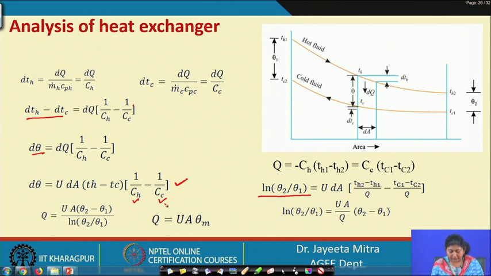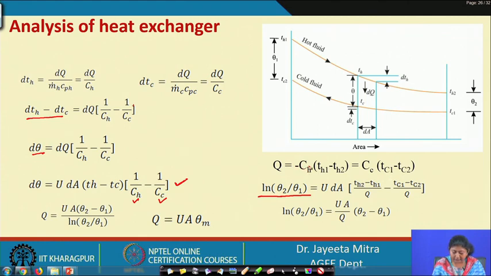Now, here Ch, the hot fluid, is reducing, Ch into Th1 minus Th2, and the cold fluid goes Tc1 minus Tc2, the direction is reversed now. Okay. Tc1, if we move in this direction, is actually going from inside to outside, but since there is an opposite direction, we have a minus, and that minus we have introduced here. Okay.